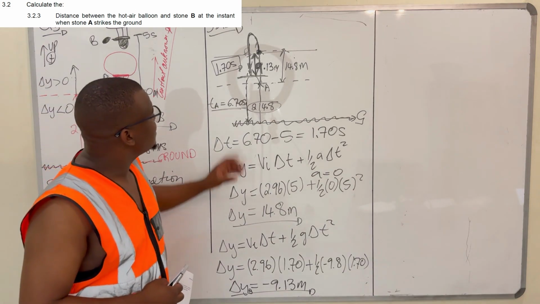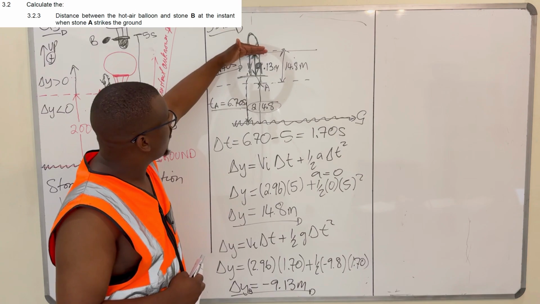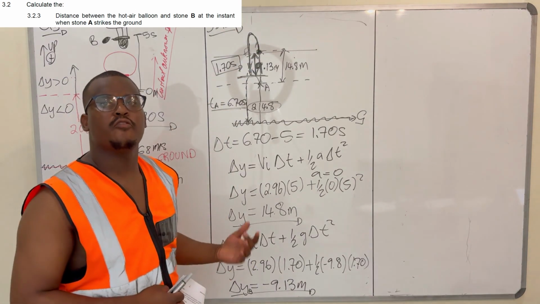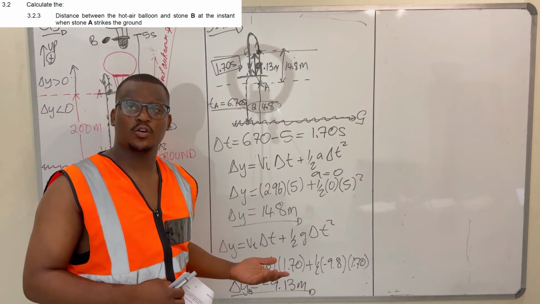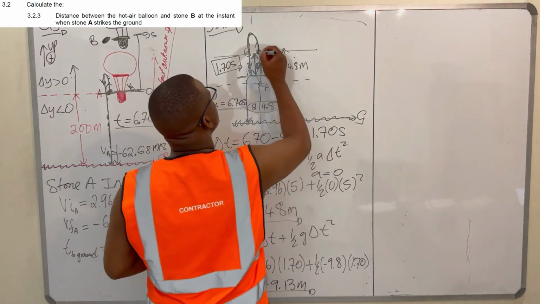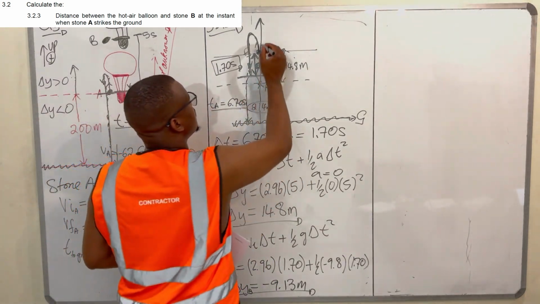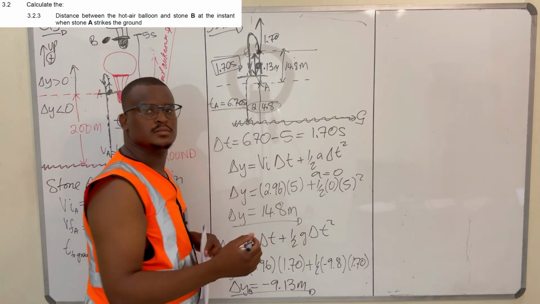Then, as ball B was in motion for that 1.70 seconds, what was happening to the hot air balloon? The hot air balloon was also still moving up at a constant velocity for the same duration, 1.70 seconds.